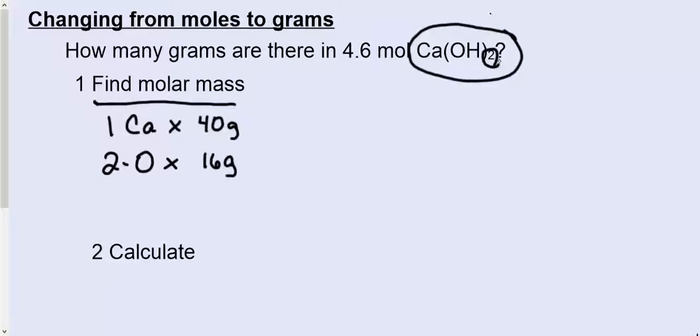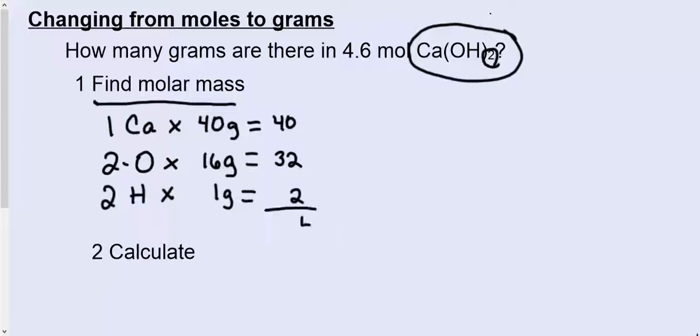And then there are also 2 hydrogen atoms in 1 formula unit. So 2 H's. If you look at the periodic table, hydrogen has a mass of 1 gram. If we multiply across, we get 40, 32, and 2, which comes out to 74 grams. 74 grams in 1 mole of calcium hydroxide.